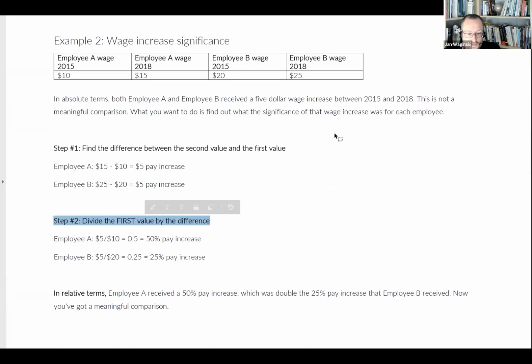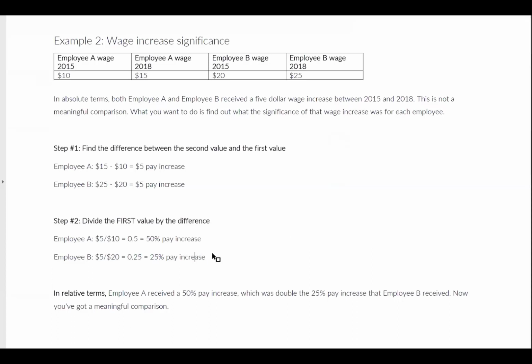So our formula for doing this is to divide the difference by the first value. $5 over $10 is 0.5, which is a 50% pay increase for employee A. For employee B, it's $5 over the 20 they were originally getting, which is 0.25 or a 25% pay increase.